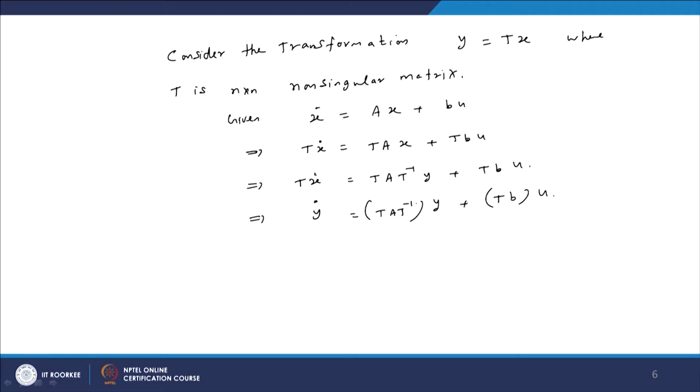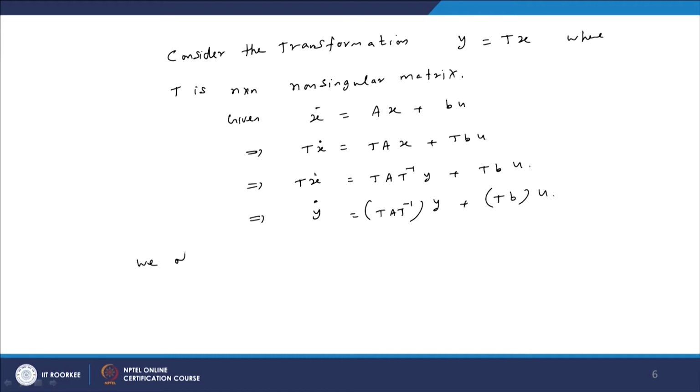So, if this TAT inverse is in the form of C and TB is in the form of D, then we obtain the transformation T which converts it into the companion form. So, we obtain the companion form if TAT inverse is of the form of C and T into B is of the form of the D matrix.